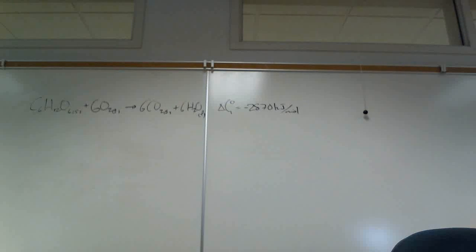Now we got a whole bunch of different standard conditions you have to keep track of, right? You have your STP, standard temperature and pressure for gases. And then you have your standard thermodynamic conditions. Standard thermodynamic conditions is what?